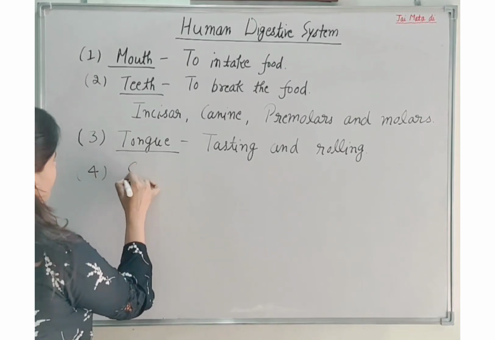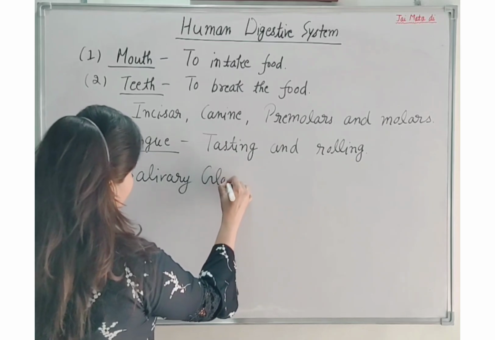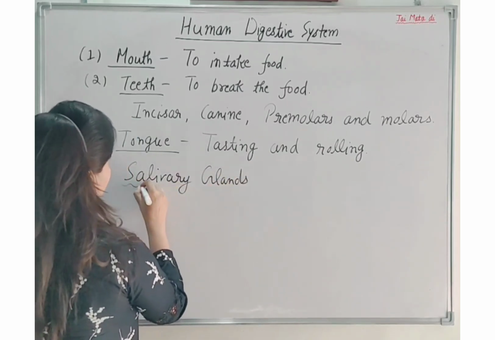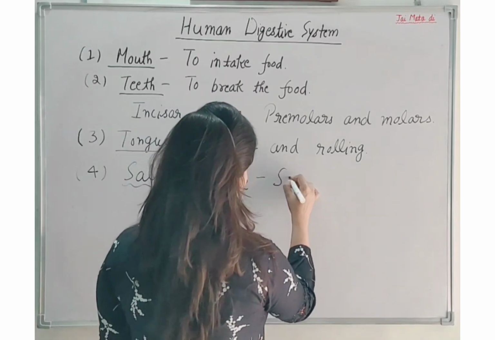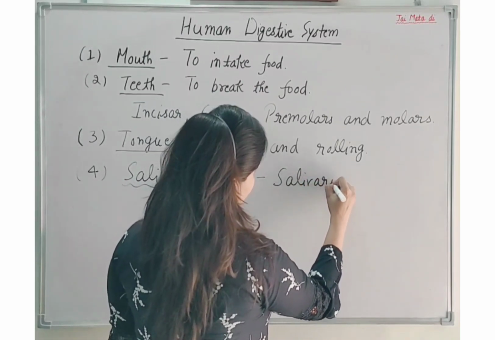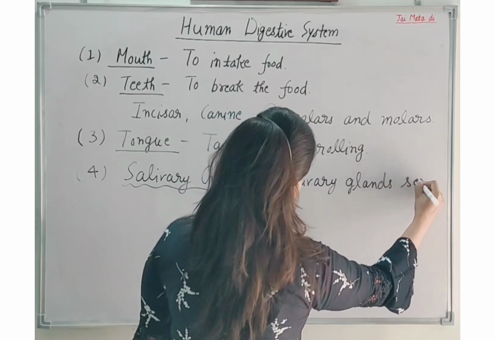Fourth one is the salivary glands. We have seen the salivary glands in the diagram of the human digestive system. Now what is the function of the salivary glands? Salivary glands secrete saliva.